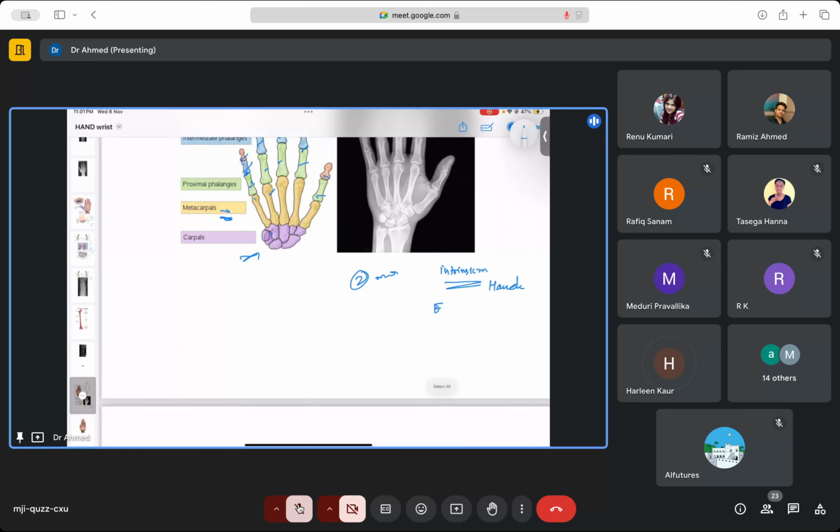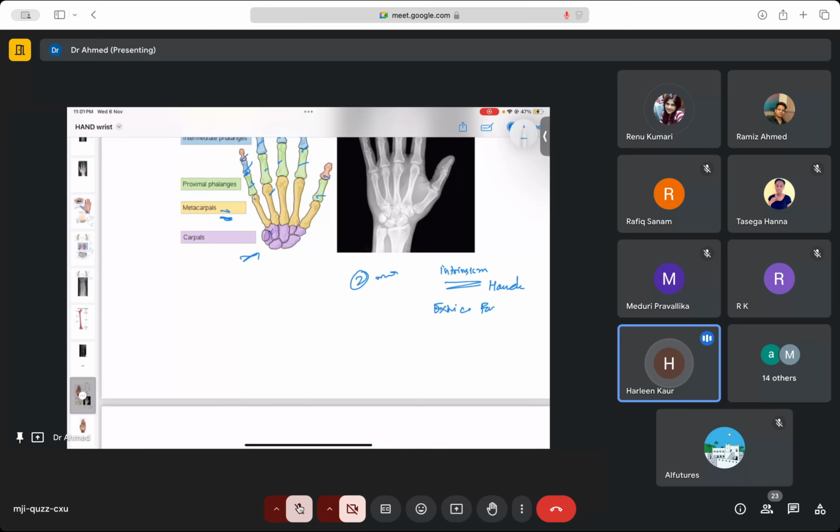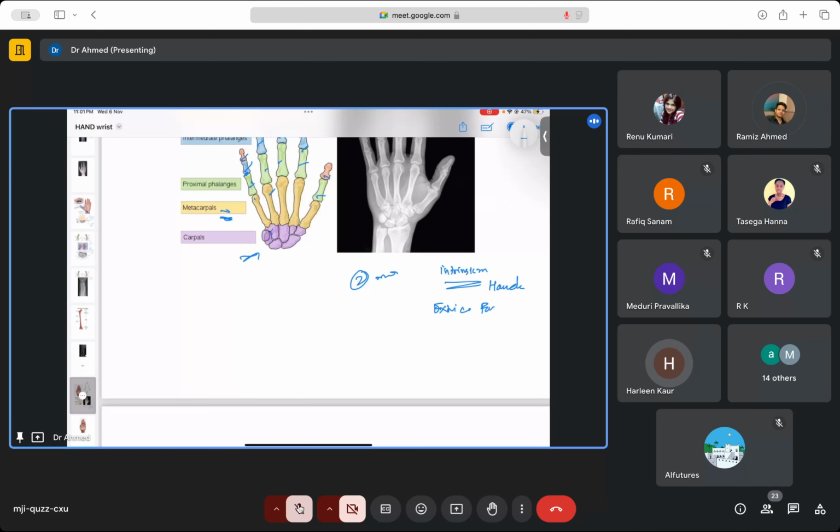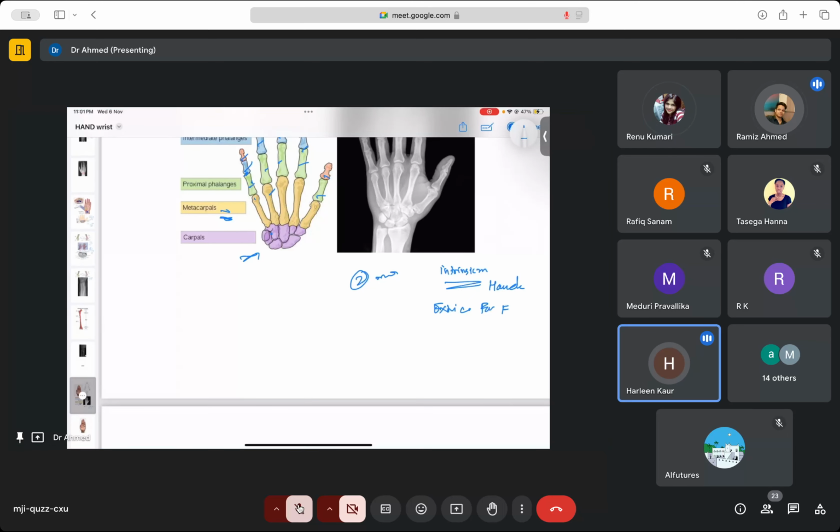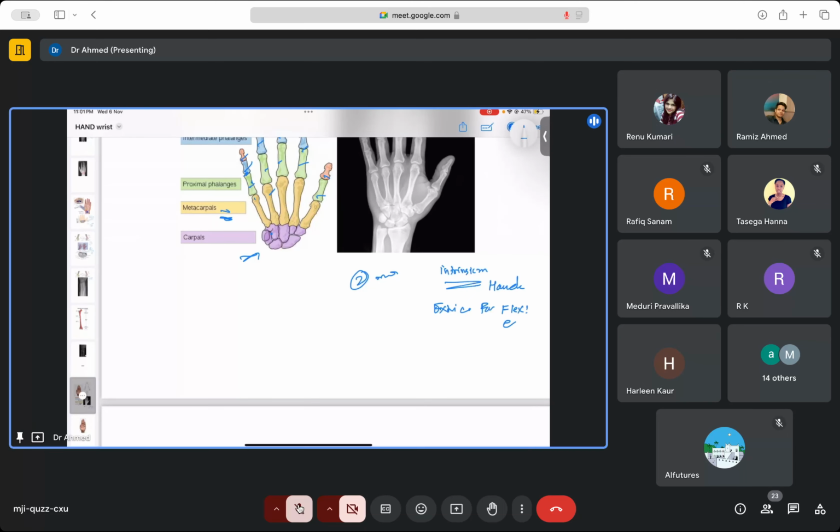And your extrinsic muscles are present outside your hand in the forearm, right? Can you give me an example of an extrinsic muscle? The flexor muscles and the extensor muscles in the forearm.